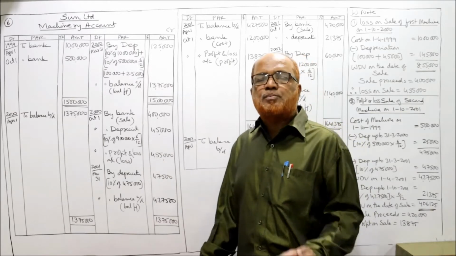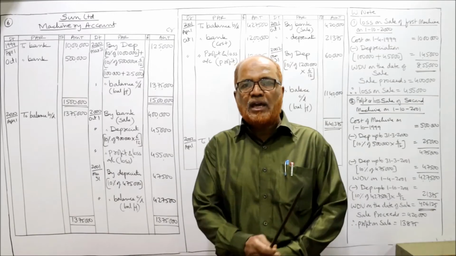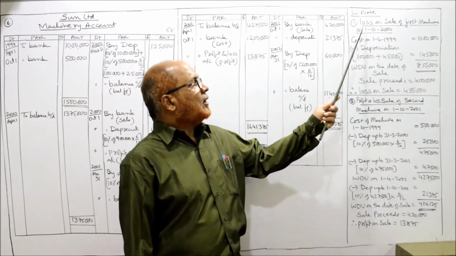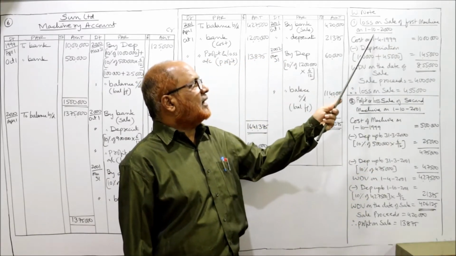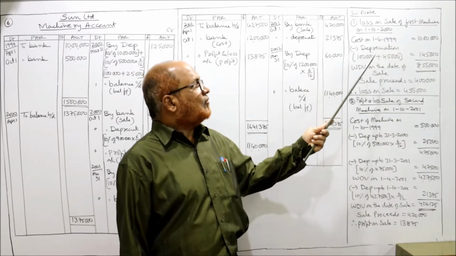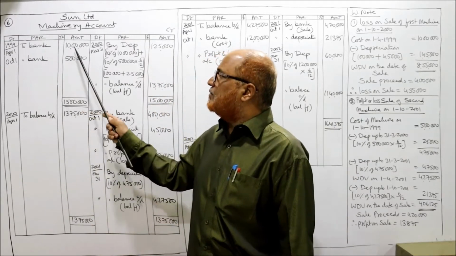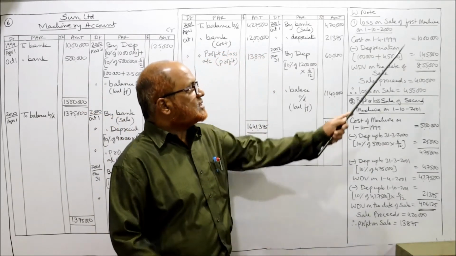Now we have to find out whether there is profit or loss on sale of this plant. In the working note I have explained here: loss on sale of first machine on 1/10/2000. The cost of the plant on 1/4/1999 is 10 lakh.